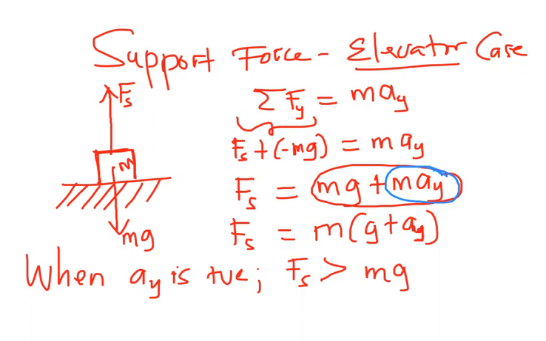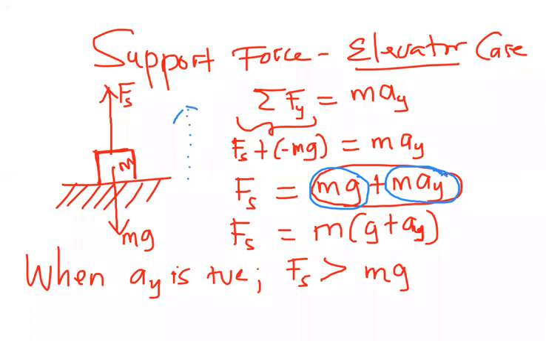And if you add it to this one, it will show that the support force will be larger than mg. In other words, if you are in the elevator, you will feel heavier because of this upward pulling. The support force is larger because you are accelerating upward.